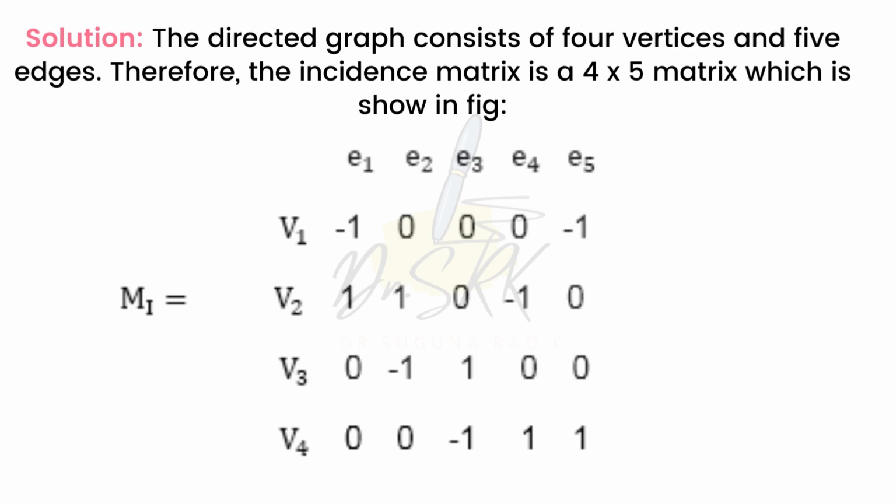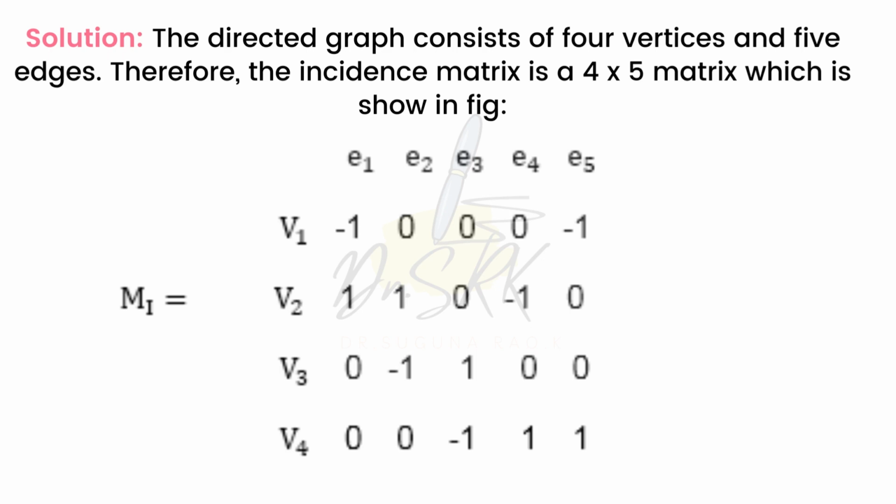Here I assumed V1 is not the initial vertex of the edge E1. V1 is the final vertex of the edge E1. That's why I am going to write V1E1, meaning first row first column element, as -1.